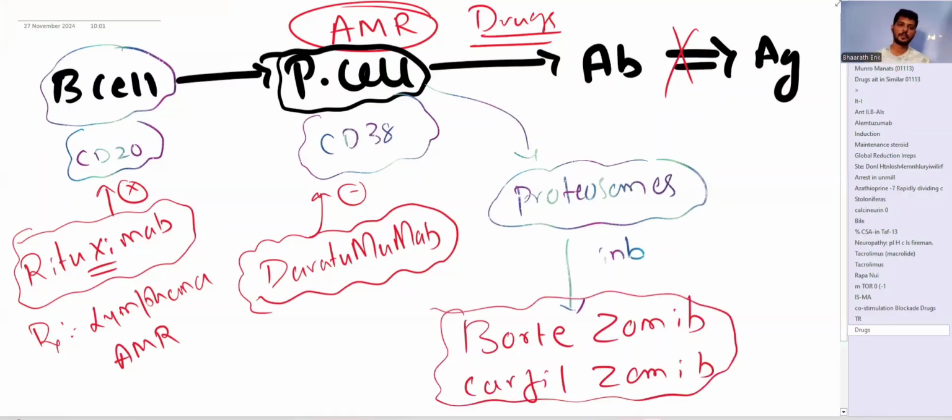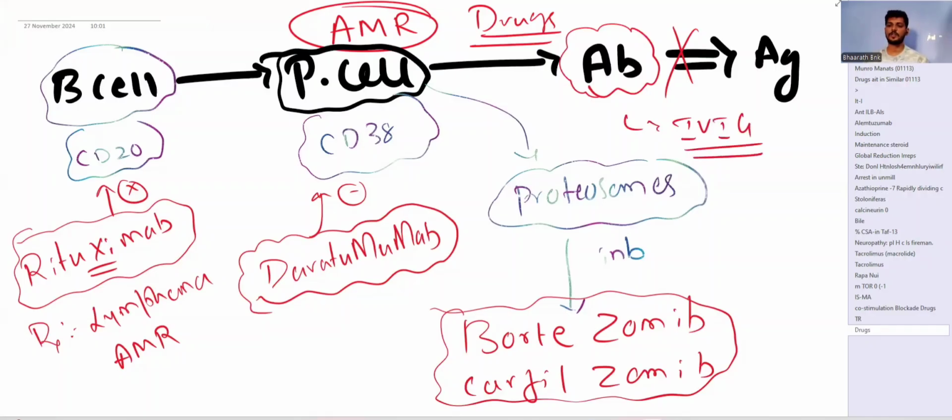Now the B cell has got converted into the plasma cell. The plasma cell has already produced antibodies. Now, if we can produce antibodies against these antibodies, they are called IVIG. So these are intravenous immunoglobulins, which are the antibodies against the antibodies. So they are used to treat or to prevent antibody mediated rejection.